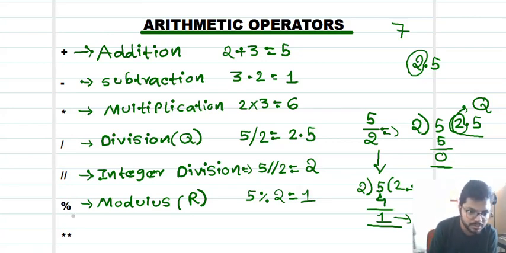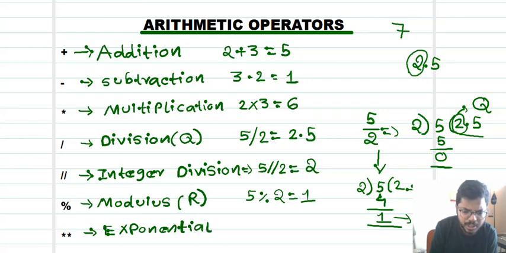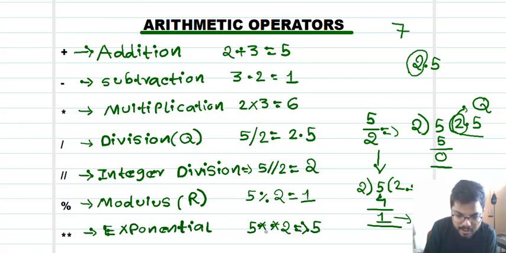Wonderful. And the last operation, very important, is exponential. Suppose I write 5 double star 2. When this double star comes, it indicates 5 square. 5 square equals 25.